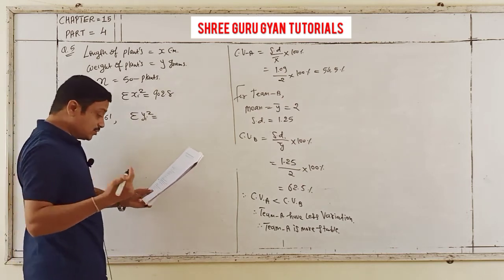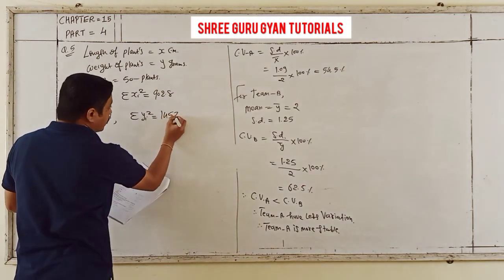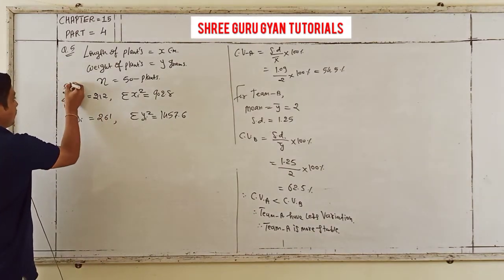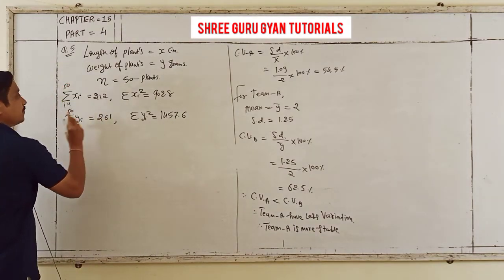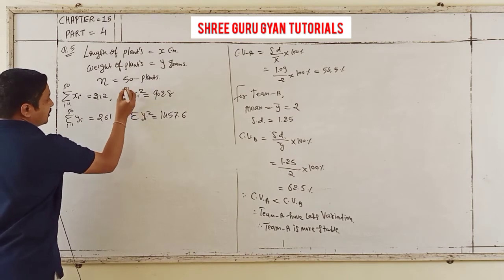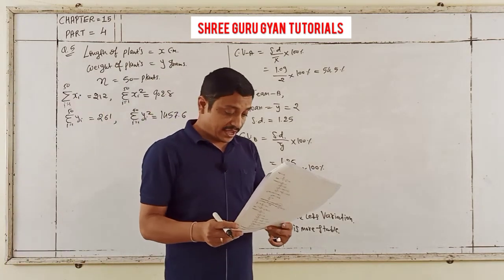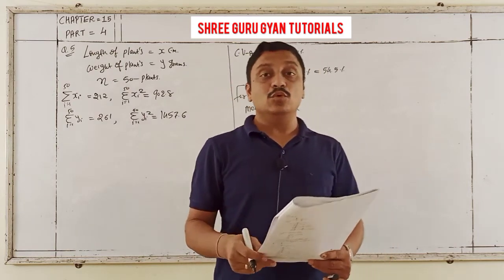These are given, students. All are data from 1 to 50, summation 1 to 50. And we have to decide whether length or weight has more variation.